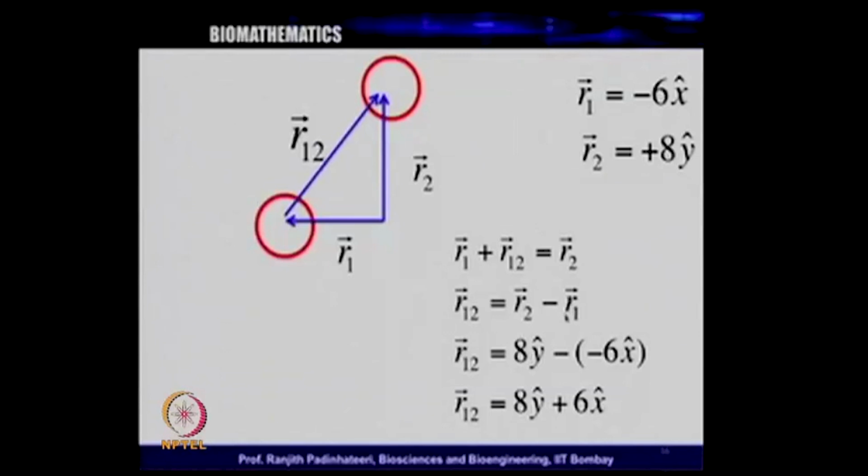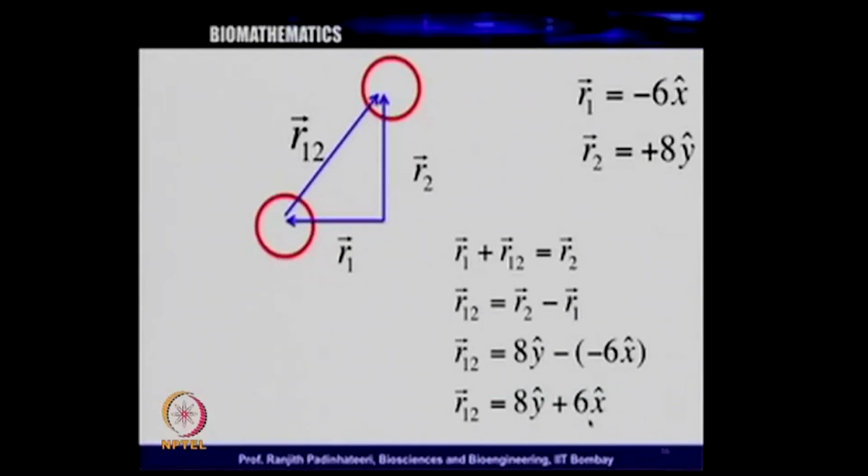So, R2 minus R1 is 8y minus minus 6x, and minus minus is plus. So, R12 is 8y plus 6x. So, you have a new vector R12 as 8y plus 6x.